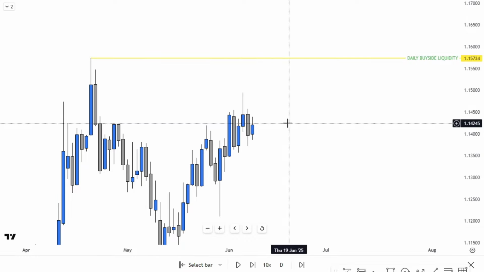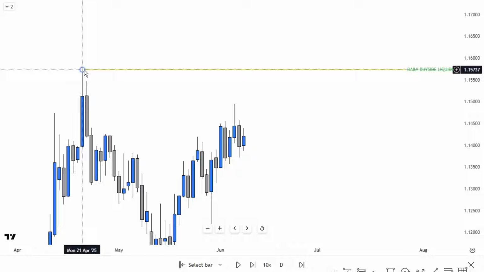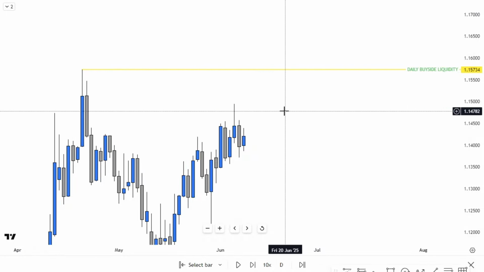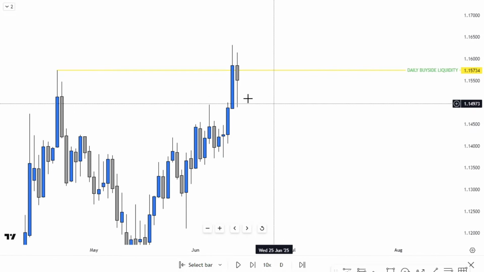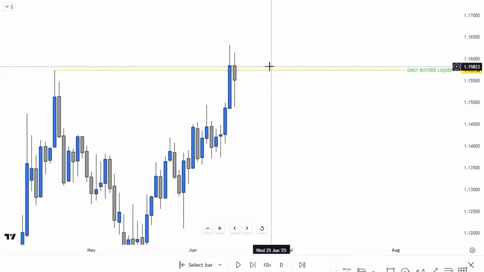All right, now let's take a look at a next example. We're taking a look at the pair of Euro USD on the daily time frame. Now, on the daily time frame, we have a clear swing high or buy side liquidity. Now, let's see how price reacts as soon as it takes buy side liquidity. So, we swept buy side liquidity.